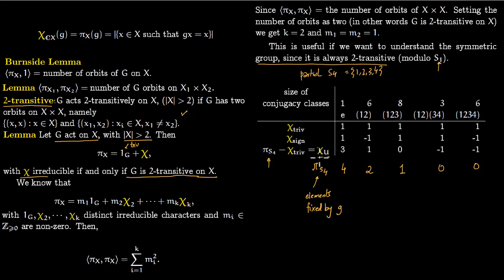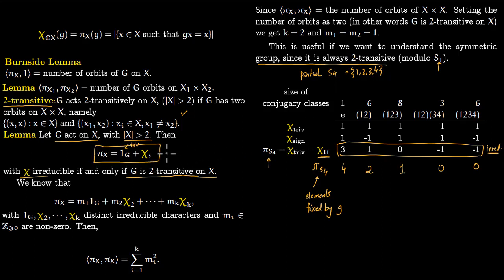Now we are saying this chi, which we get from this pi of S4 minus the trivial, gives you an irreducible character. So 4 minus 1 gives you 3, 2 minus 1 gives you 1, 1 minus 1 gives you 0, 0 minus 1 gives you minus 1, 0 minus 1 gives you minus 1. So we get this entire irreducible character row just by doing this subtraction, and that is the purpose of this.